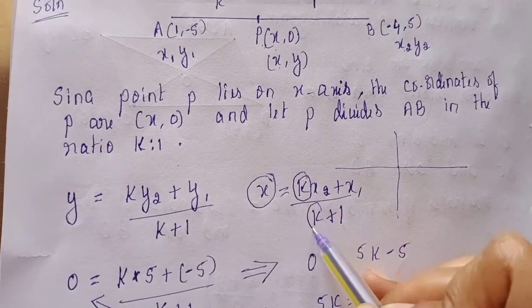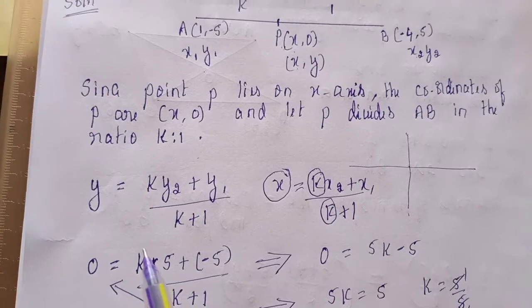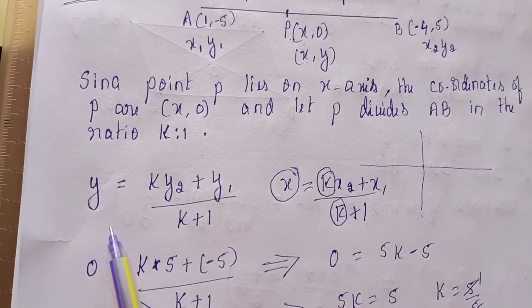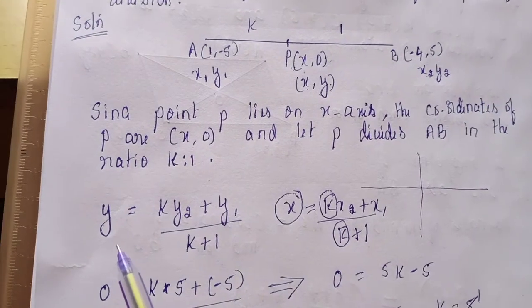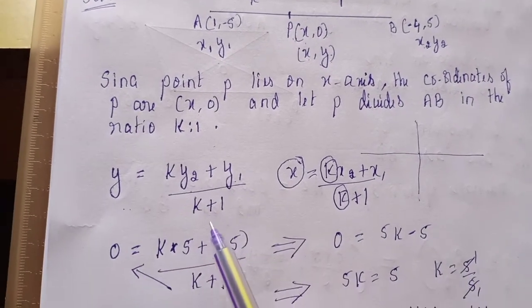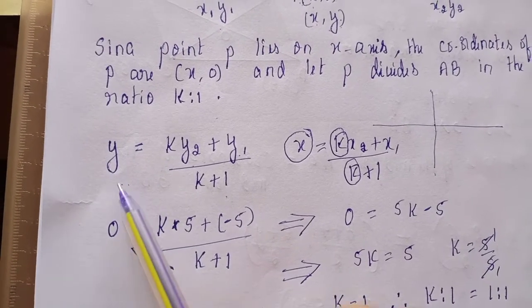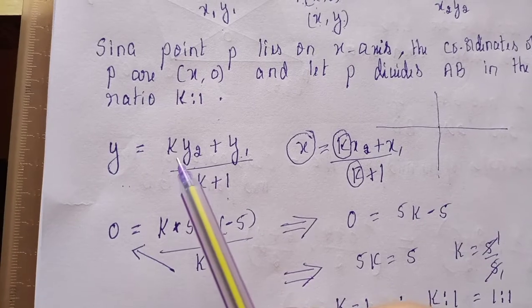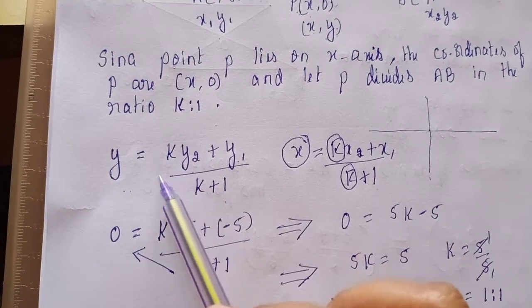So can I find it using the x point? No. I have taken y instead of x, because you can see here y is 0. So if you take y equals (k y2 + y1) divided by (k + 1), you can easily find the k value because y is 0 here. Only one variable is unknown, k.